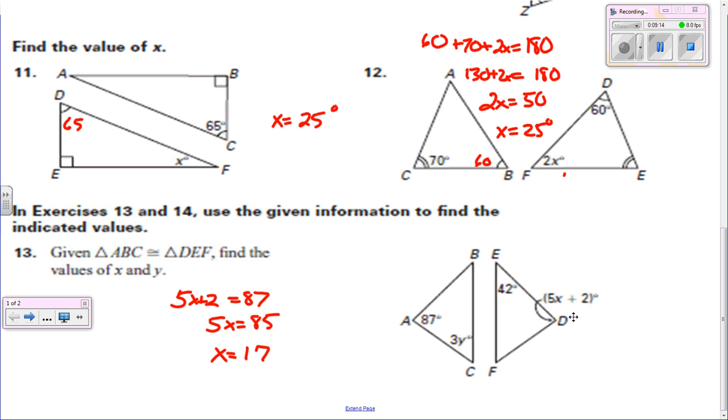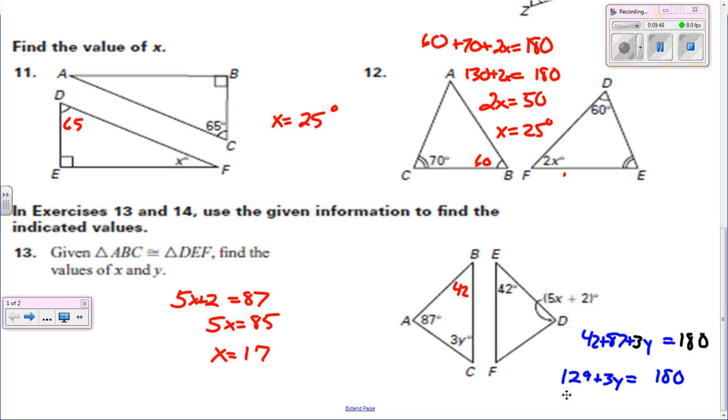Then we have to find y too. So then E is the same as B, which makes that 42. And so you do, to find y, 42 plus 87 plus 3y equals 180 degrees. 42 plus 87 gives you 129 plus 3y equals 180.